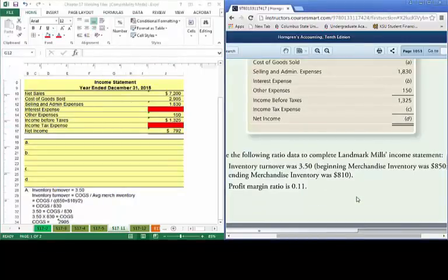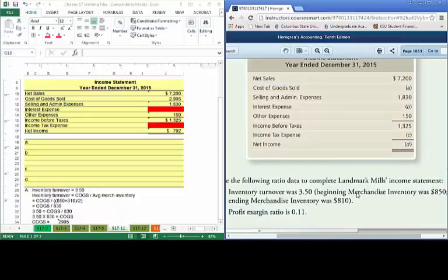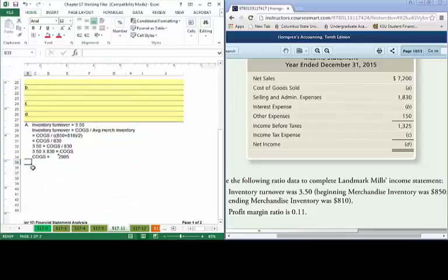So the profit margin ratio is 0.11. Okay. So let's look at what our profit margin ratio is. So profit margin ratio is equal to net income divided by net sales.